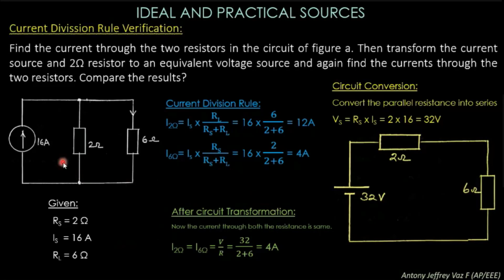Okay, now we are going to transform this current source into a voltage source. For current source to voltage source, we need to transform the parallel resistance which is connected across the source into series.